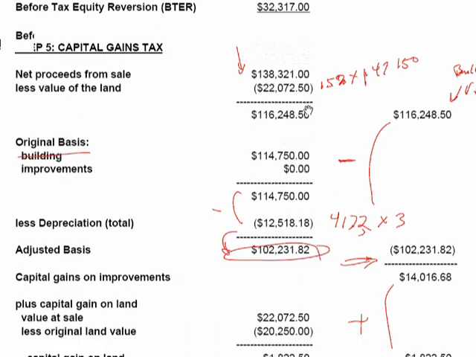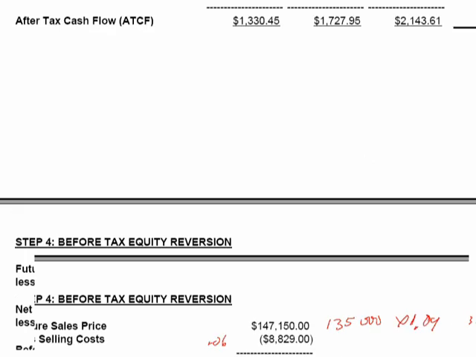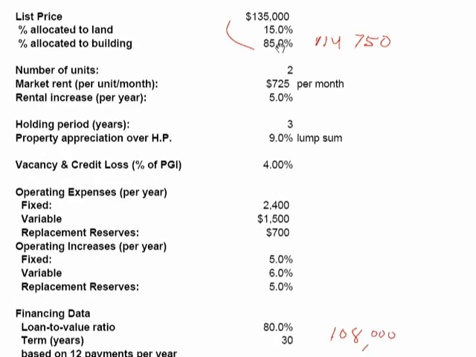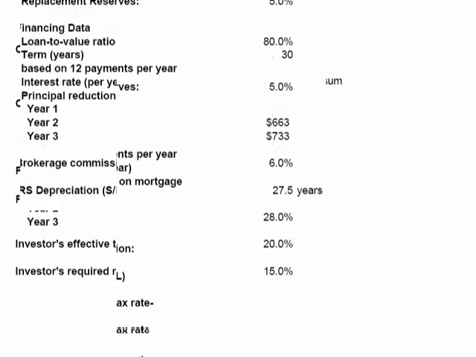The land value, we're going to assume, is still 15% of the overall value. Remember these? The 15% and the 85%? Well, we're going to assume that this relationship doesn't change over the 3-year holding period. That land is still about 15% of the overall property value, and the building value is about 85% of the overall property value. Now, this potentially could change, but for simplifying purposes, let's assume that it holds steady at 15% and 85%.